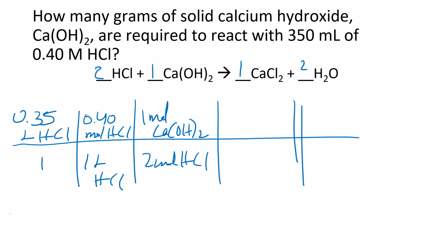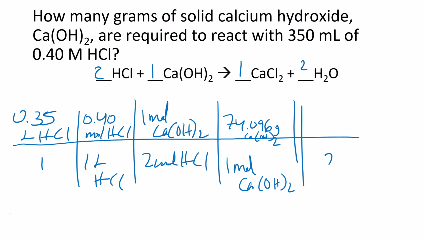I'm converting to grams of calcium hydroxide, so 1 mole needs to be on the bottom. And then my molar mass will be 74.096 grams of Ca(OH)2. Kind of ran out of space.